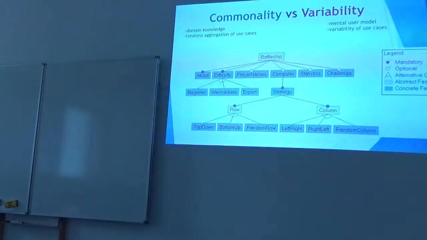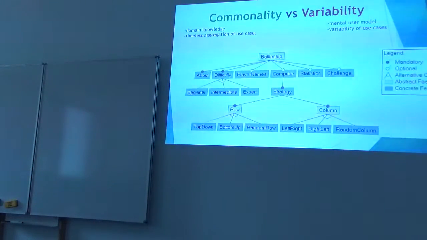Other parts are variable components. You see them with this unfilled dot or circle, for example, player name, statistical challenge, and they can be included or can be removed from the final derivation, and so on.